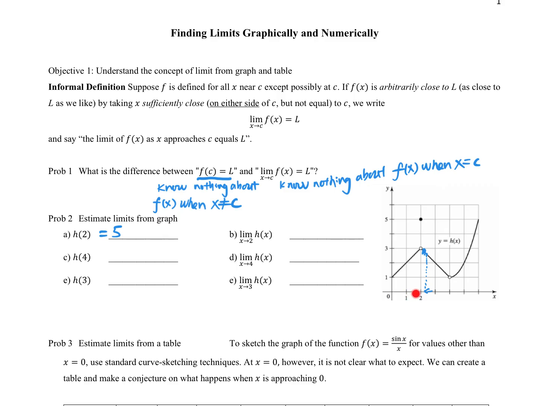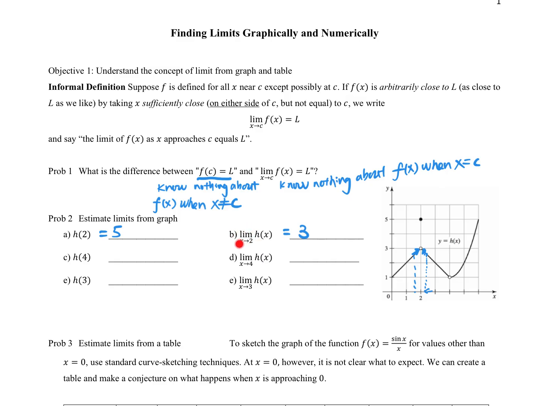When x is approaching 2 from the left side, we can see that the function value is really approaching this little open circle. So therefore we say in this case the limit of h when x approaches 2 is equal to 3. Again, we don't look at what the h value is when x is 2.